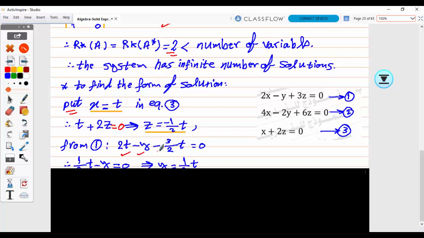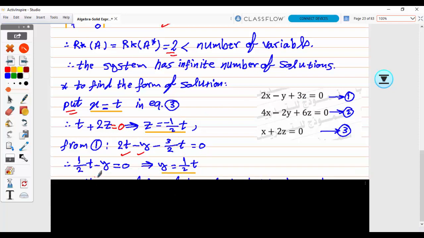Minus 3 multiply, instead of z, I write negative half t, so we have 3 multiply negative half t equal negative 3 over 2 t. To complete, we have 2t minus 3 over 2 t equals half t minus y equals 0. So y equals half t.